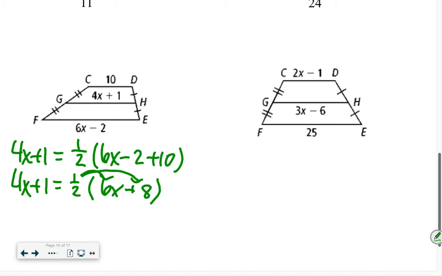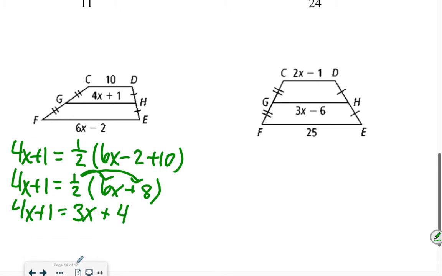So I'm going to leave my 4x plus 1. Half times 6x is 3x, half of 8 is 4. Subtract 3x, so x plus 1 equals 4. X is how big? 3. And that is all we need.